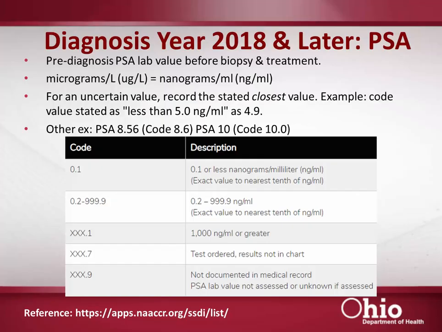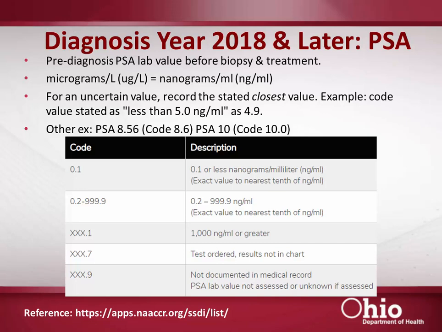A change for diagnosis year 2018 and later that is pertinent to prostate cancer is a new data field specifically for collecting PSA lab value. It records the last pre-diagnosis PSA lab value before biopsy and treatment. This field will allow you to record the actual measurement in the nearest tenth of a nanogram per milliliter, and the format of the field will actually include a decimal.